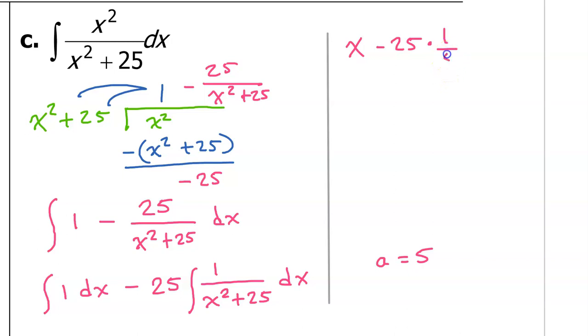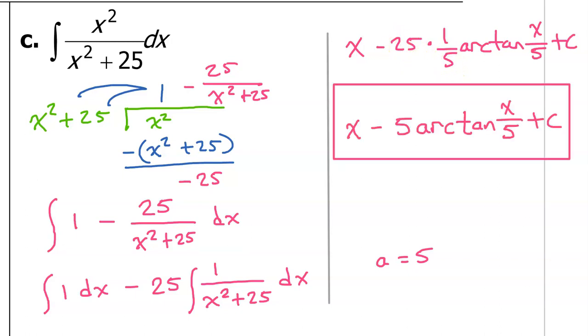So I'm going to have 1 over 5. And then we say arctangent. And then we have u over a, which in this case will just be x over 5, plus c. Of course, 25 times 1/5 is 5, because this is the same as 25 divided by 5. So this will be the answer to part C.